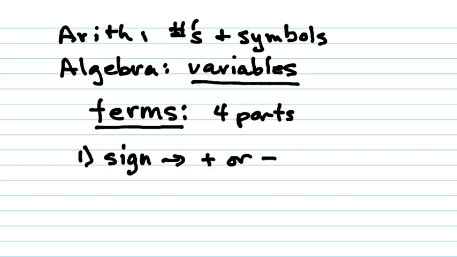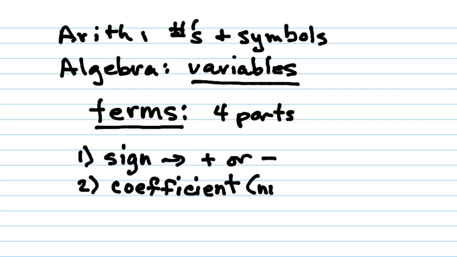Okay? Good. The second part of every term, and here's a word you might not know, is called the coefficient. The coefficient. Now, it's a big, fancy word, but all it means is the number. Okay? So it's the number part of your algebraic term.